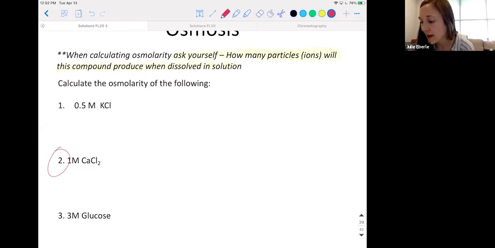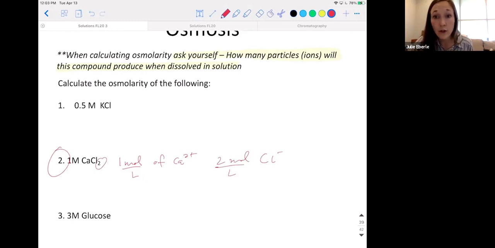So, for example, if I have 1 molar calcium chloride, I will get 1 mole per liter, because that's molarity, of the calcium. And then I will get 2 mole per liter of the Cl minus. Why did I say 2 mole per liter of that? Because I'm going to get 2 chlorides every time this dissolves.